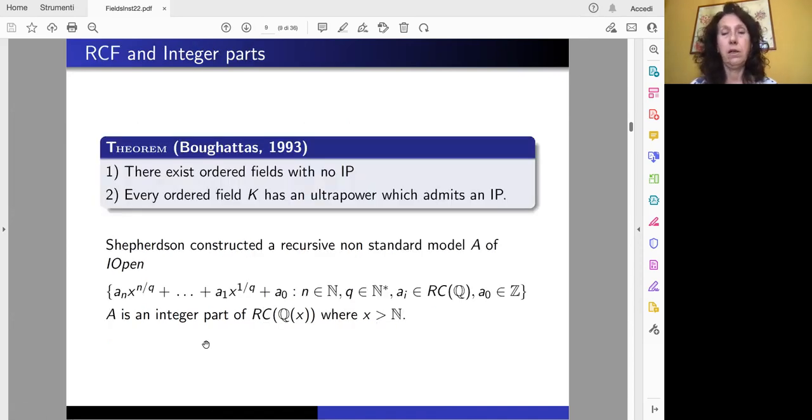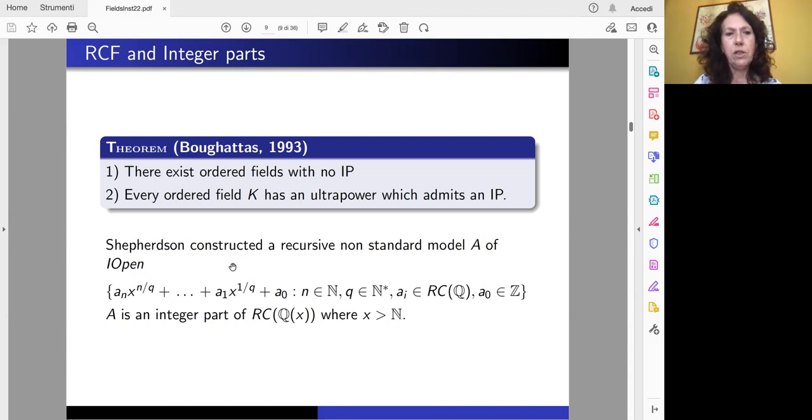There are real closed ordered fields which don't have any integer part, and these were obtained by Bugatas. He also proved that for every ordered field there is an ultrapower which admits an integer part. So ordered fields can behave very differently with respect to IPs.